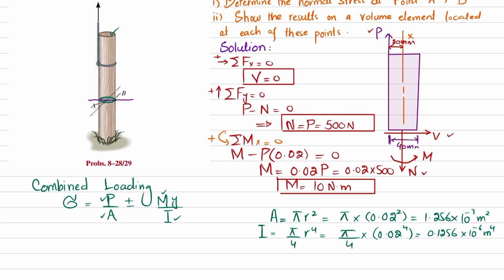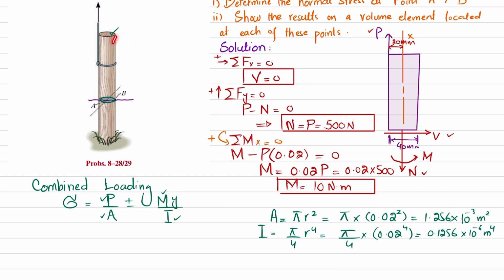So you can see that here this is the load, clear, and this is the load, and there is a movement at this, clear. So on the side of B there will be a compression, it will be like this, clear.